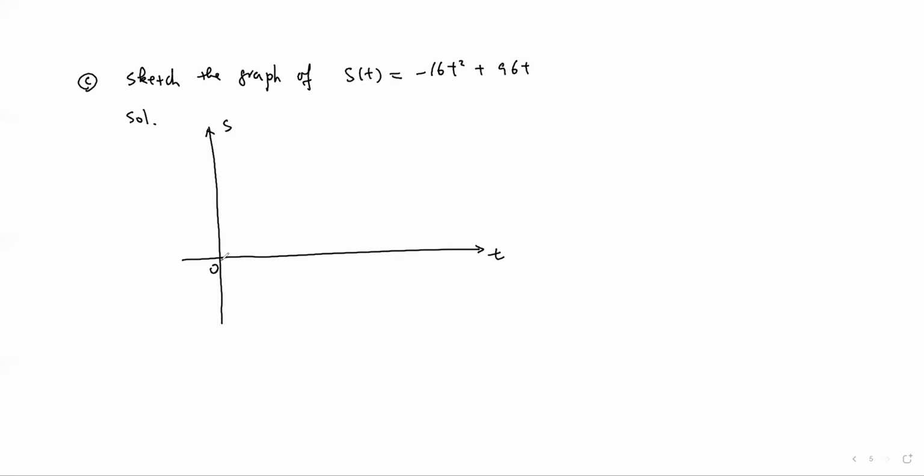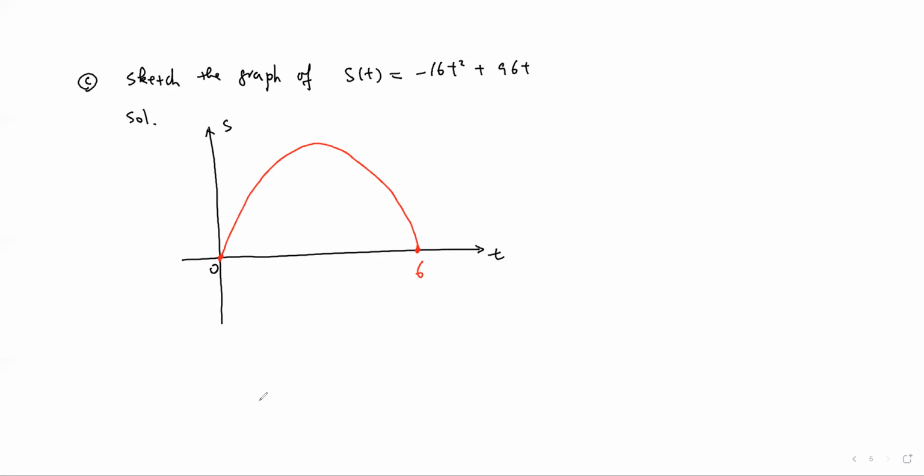So this point is part of the graph. And when t is 6, I plug in 6 for t, then the position is 0. Yeah, this point is part of the graph. Now, the parabola opens downward, so the graph looks like this.